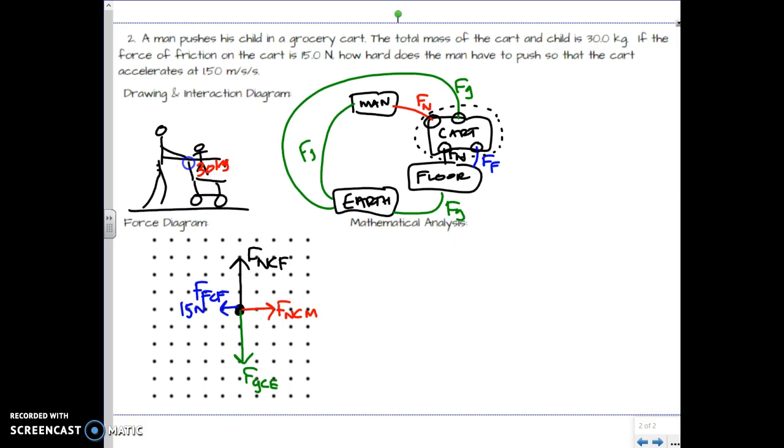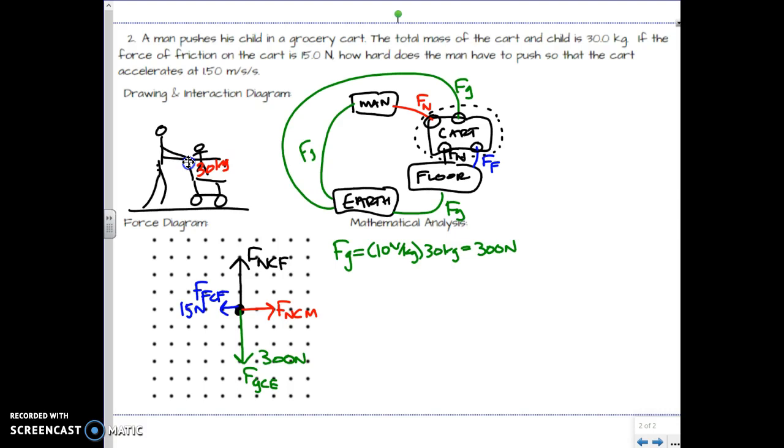So we'll label the arrows that we can label now. We can calculate the force of gravity on the cart: 10 newtons per kilogram times the mass of the cart. So the mass of the cart and the kid together is 30 kilograms. That means the gravitational force would be 300 newtons. So this is going to be 300 newtons down here.